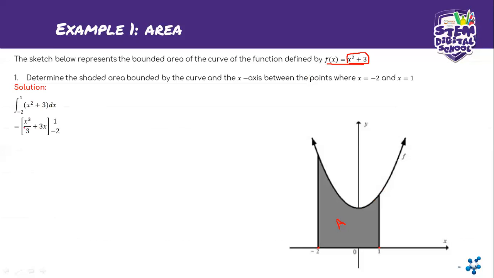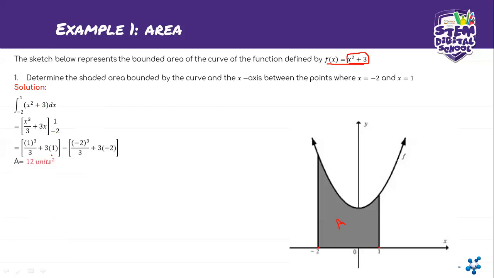Now, first we're going to integrate. The integral of x squared is x cubed over 3, and the integral of 3 is 3x. Then you put your upper limit on the right hand side, which is 1, and the lower limit in this case is -2.